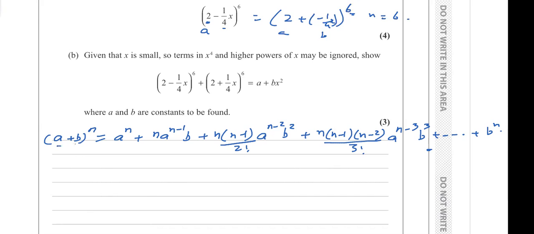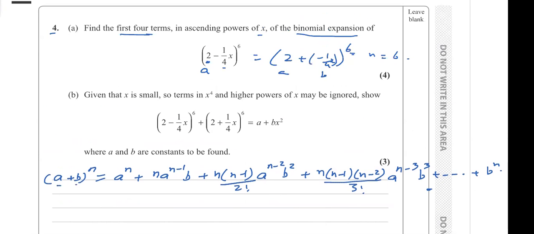So replace a, b and n in this formula till this one, because no need to write the higher order values. We just have to write the first four terms, 1, 2, 3 and 4. I will just ignore the higher powers because we don't need them.